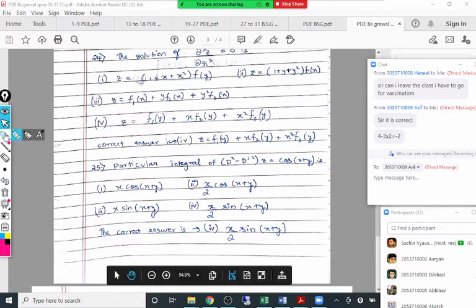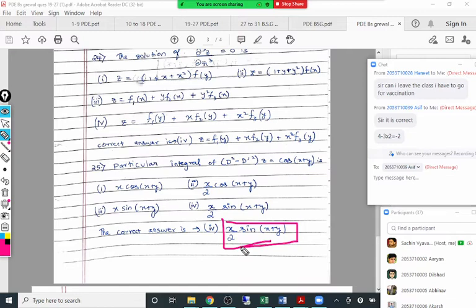Because of that, the answer probably is written as this one. You can check. If you replace d square by minus a square, so it is minus 1, and d dash square by minus b square, so it is plus 1. Yes, it is coming 0. Yeah, good. So use a general method then. Use the general method to find that solution, because you already know this.